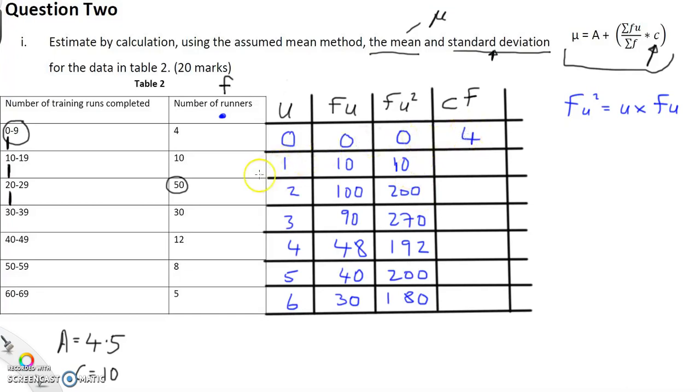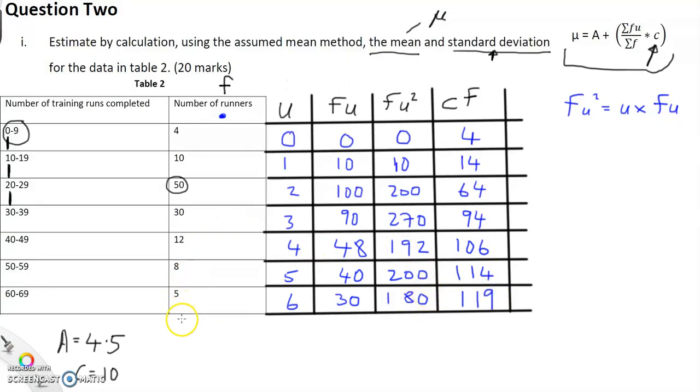Now it's 4 plus the next one. 4 plus 10 is 14. 14 plus 50 is 64. 64 plus 30 is 94. 94 plus 12 is 106. 106 plus 8 is 114. And 114 plus 5 is 119.